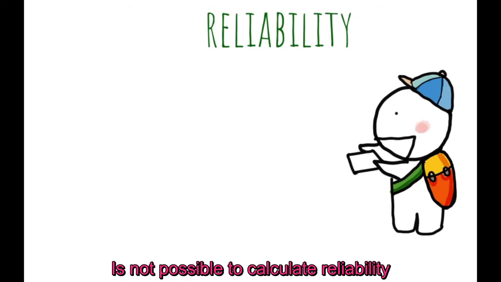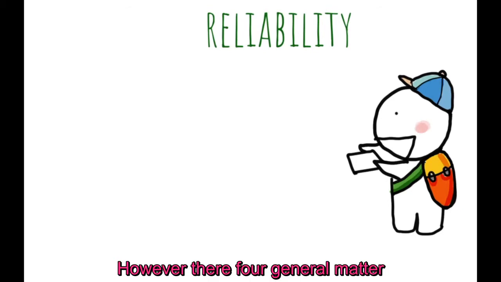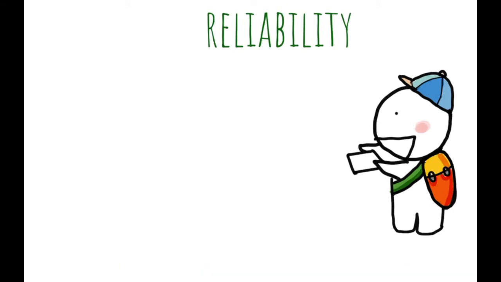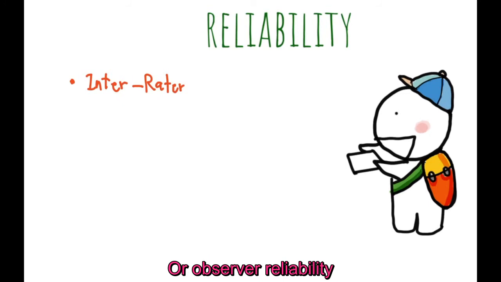It is not possible to calculate reliability exactly. However, there are four general estimators that you may encounter in reading research. The first one is called inter-rater or observer reliability.